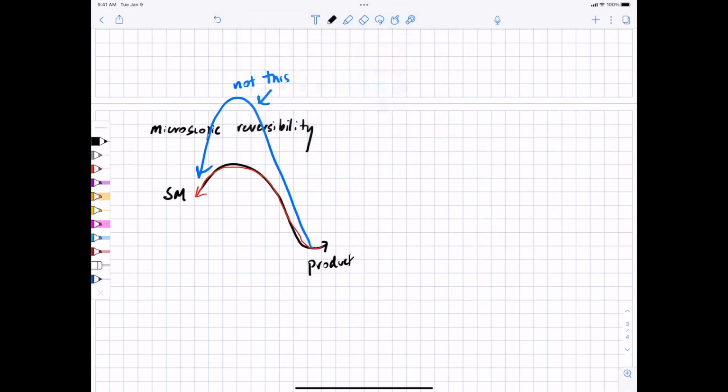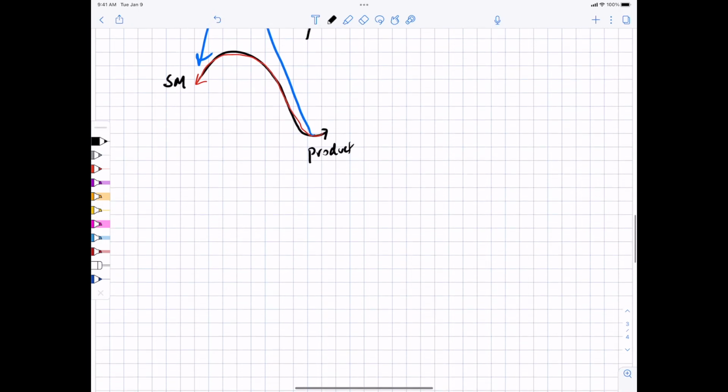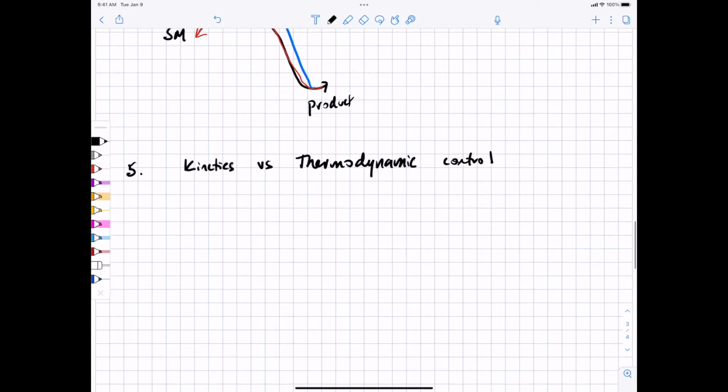Okay, another concept you will hear, so that was 4, another concept you will hear is kinetic versus thermodynamic control, and I think people make this more complicated than it needs to be. The idea is, first, if the reaction is irreversible, fastest to form product is the major product, period.